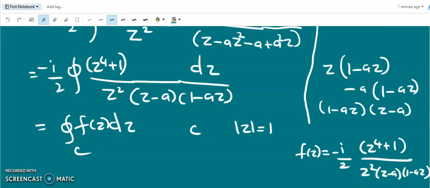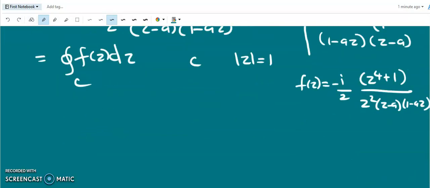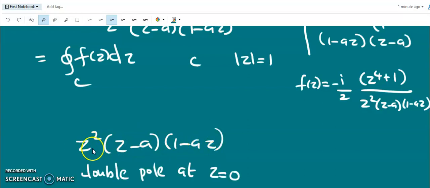So now we have to find the poles of this function, and the poles of the function are given when the denominator is equal to 0: z square into z minus a into 1 minus a z. So this is z minus 0 whole square. So the root z equal to 0 repeats, so we can say that f of z has a double pole at z equal to 0.